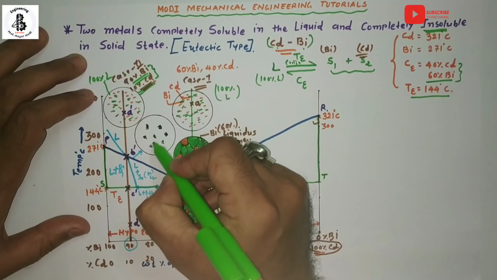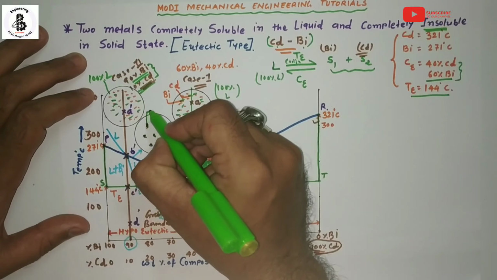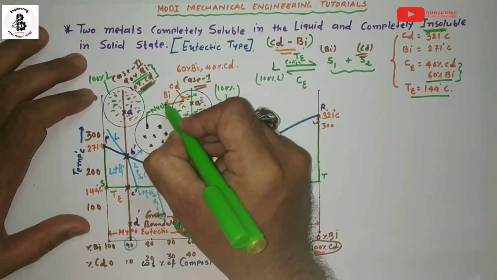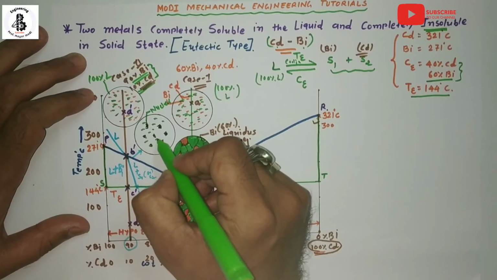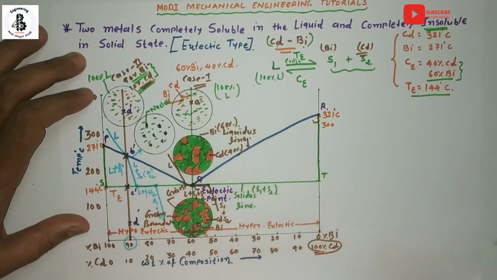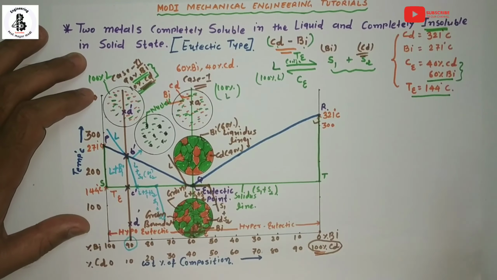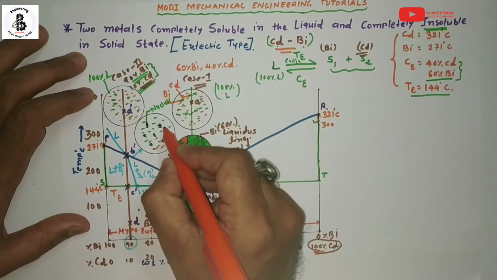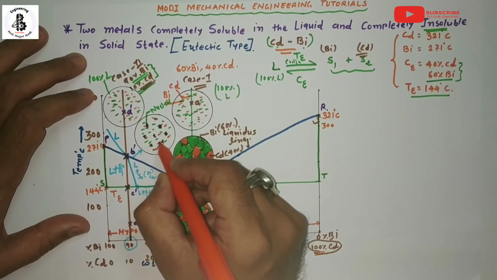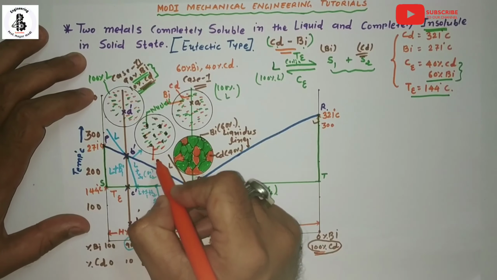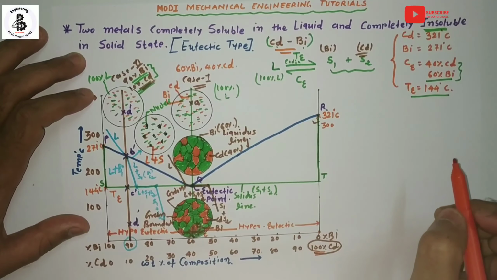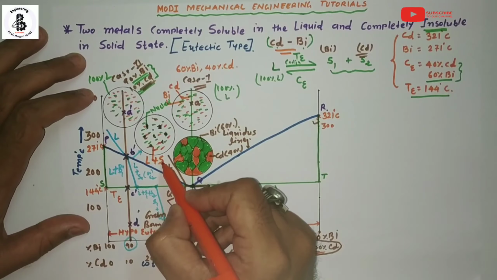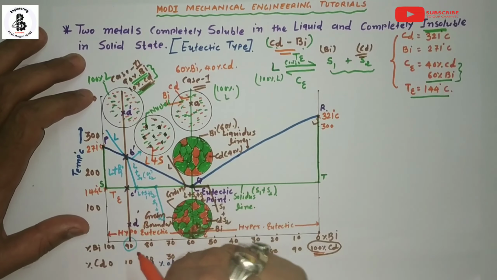The bismuth, which has the green color code, will be the starting point for the generation of nuclei. The rest of the bismuth is still in the liquid state, and 100% of the cadmium is still in the liquid phase. So here it will be liquid plus solid. The solid refers to the enrichment by the metal.